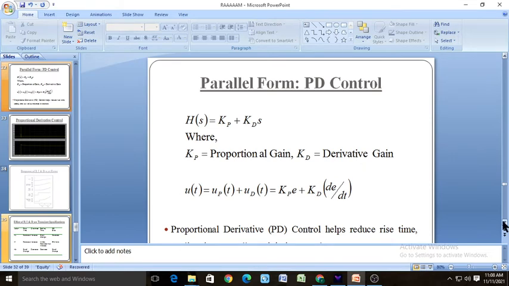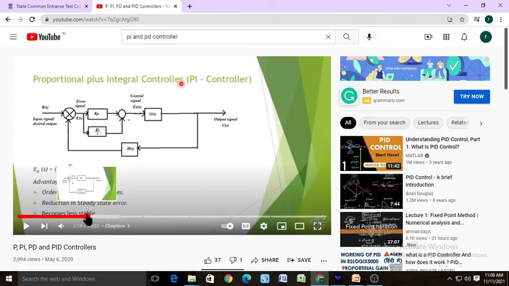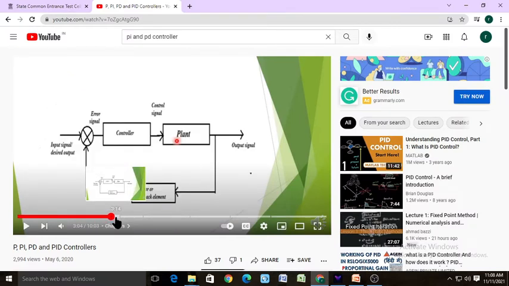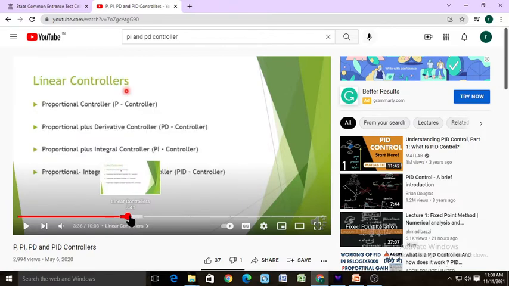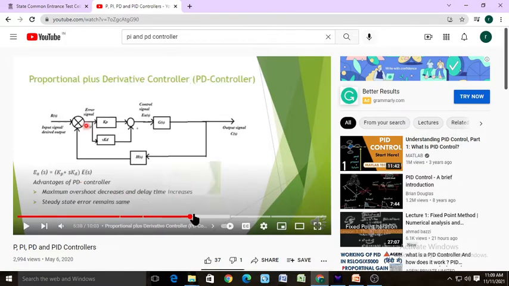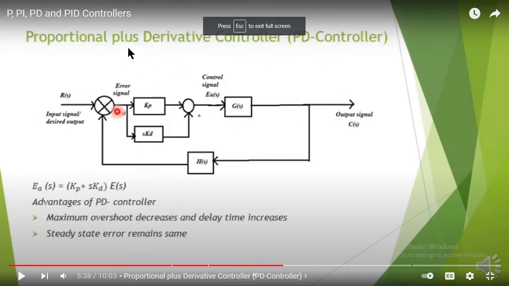Now we are going to see the parallel form of the PD controller, meaning proportional derivative controller. Here you can see the block diagram of this proportional derivative controller. On your screen, this is the proportional plus derivative controller.